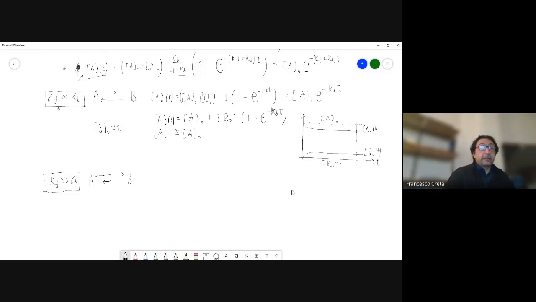You'll see immediately that, because KF is much larger than KB in this case, this ratio essentially goes to 0, and we're only left with this bit here, A0 e to the minus KF t. Obviously, this is a term which will tend to 0 with a rate proportional to KF.